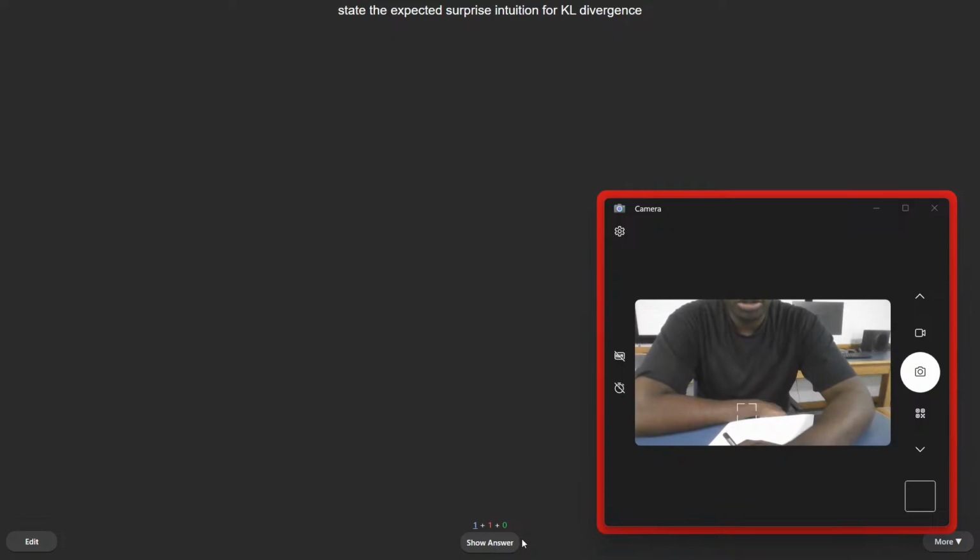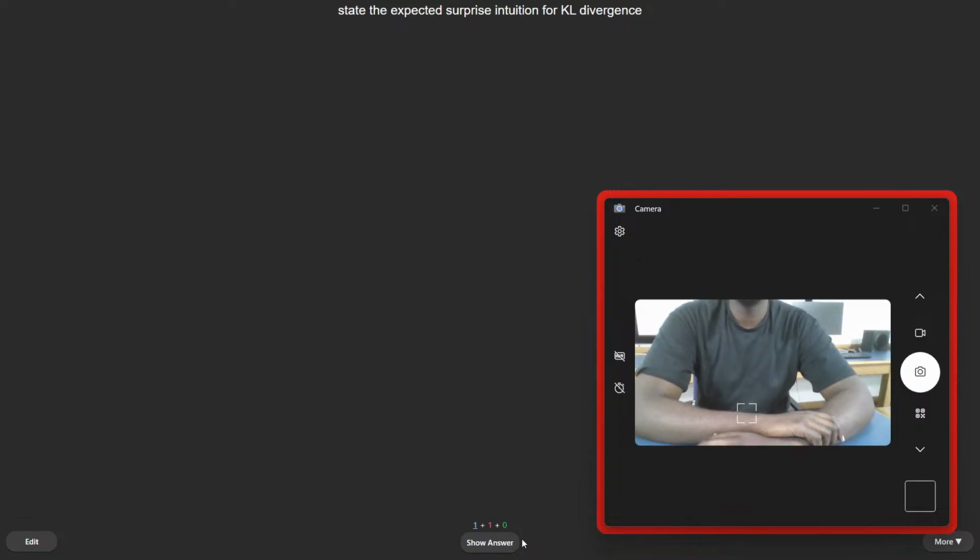Activate the expected surprise intuition for KL divergence. The KL divergence can be thought of as the difference in expected surprise between, so you've seen the true distribution.